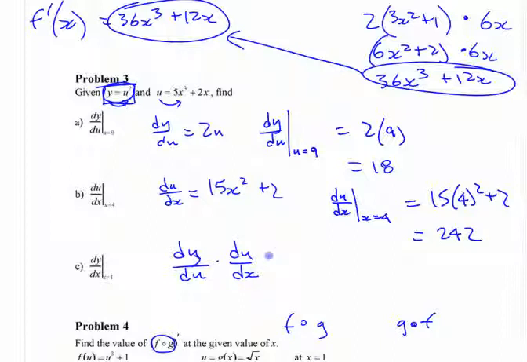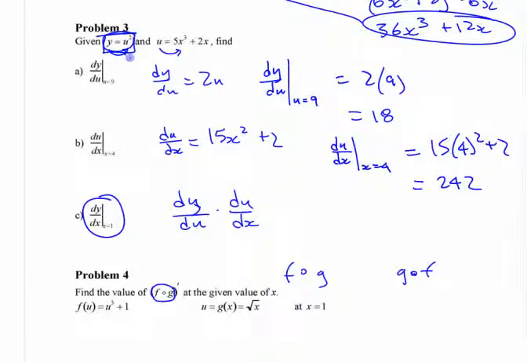Now, if you want this derivative right here, you can do it two different ways. If you want the derivative of y with respect to x evaluated at x equals 1, you can work out each derivative separately and multiply them. So I could work out what dy/du is. What's dy/du? We already set it up above there. 2u, right?